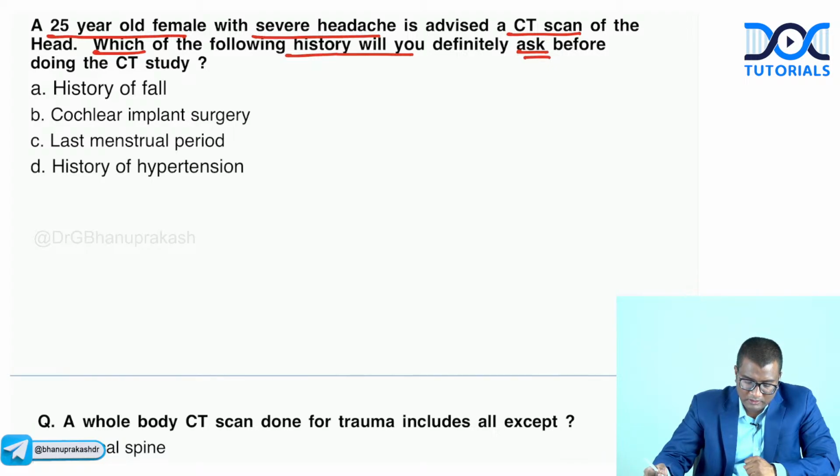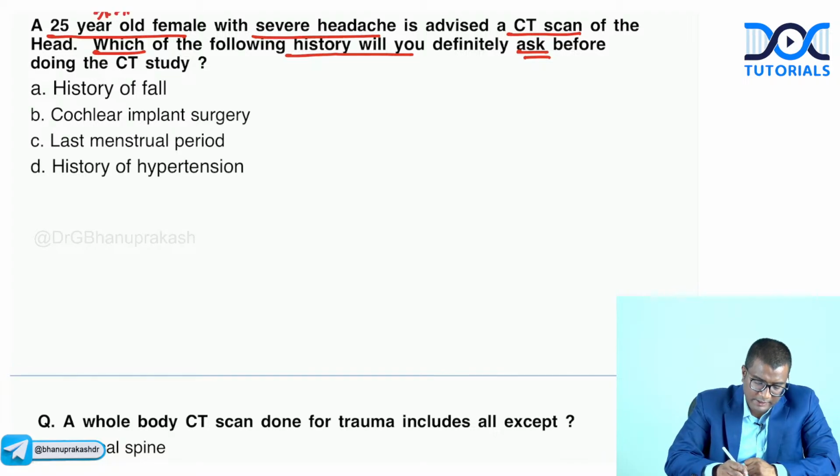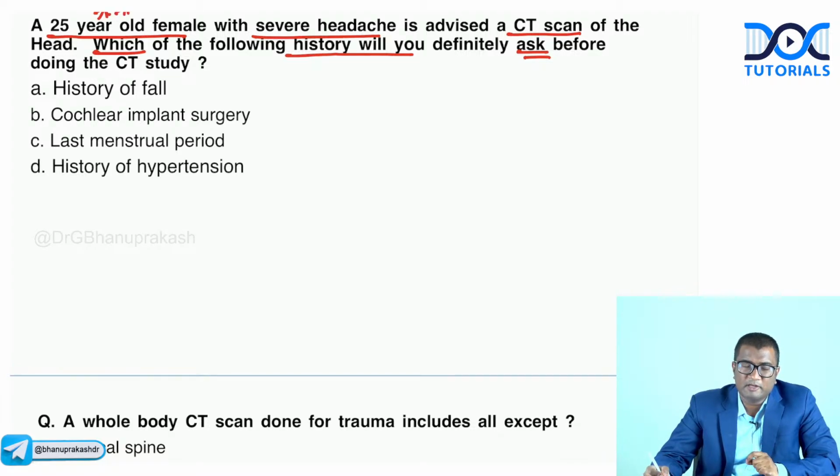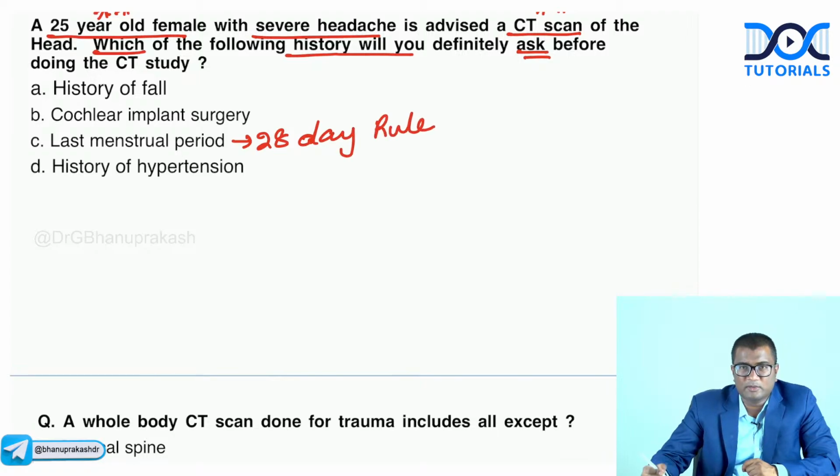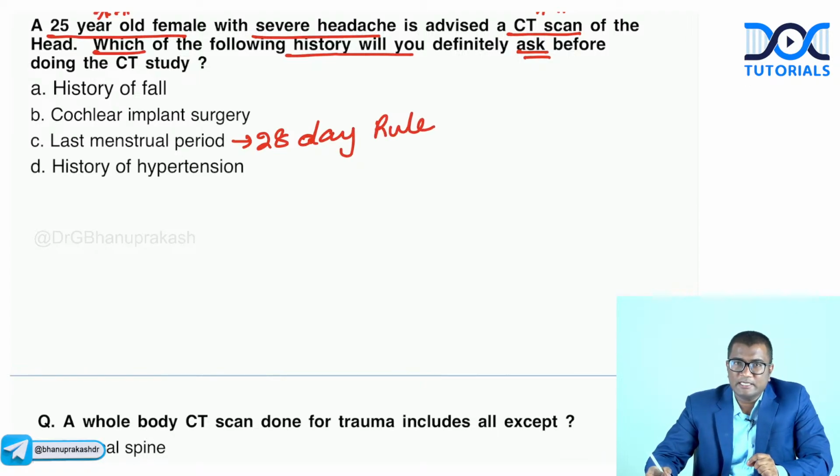History of fall, cochlear implant, last menstrual period, history of hypertension. Very good. So this is a female of reproductive age group. Whenever we have a female of reproductive age group and you are doing a diagnostic modality using ionizing radiation, we follow a rule called the 28-day rule. We ask for the menstrual cycle before we go for any diagnostic modality using ionizing radiation.